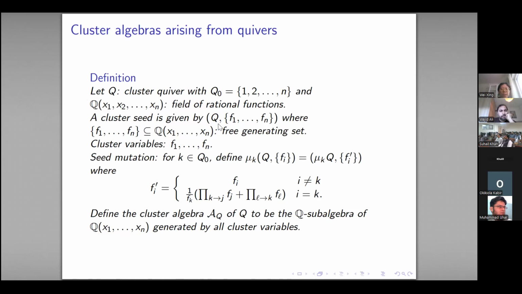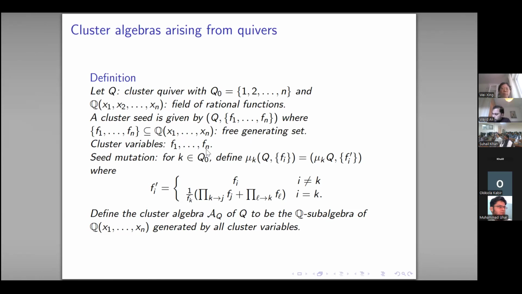And a cluster seed is given by a pair, which consists of a quiver and a collection of rational functions f1 to fn, which come from this field. Moreover, they form a free generating set, meaning that they're algebraically independent. And also, the smallest subfield that is generated by f1 to fn is the whole thing.